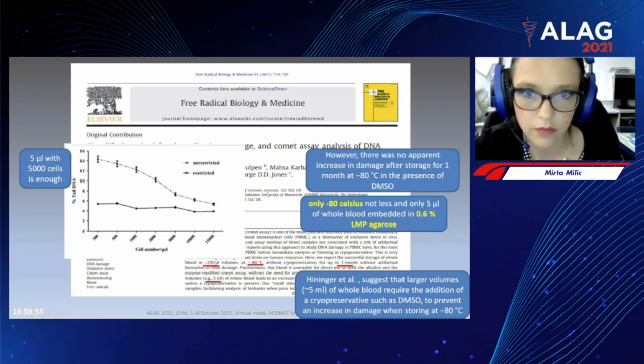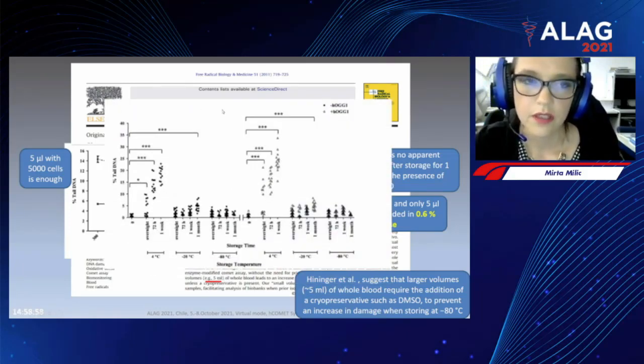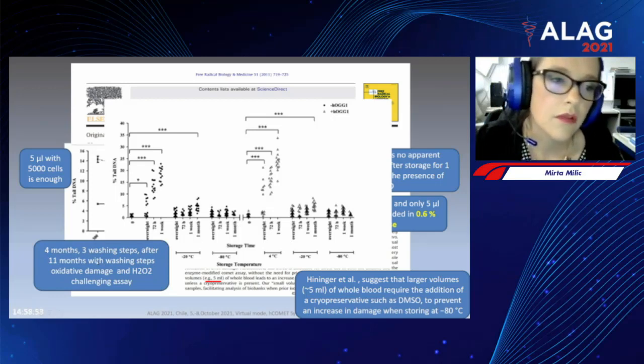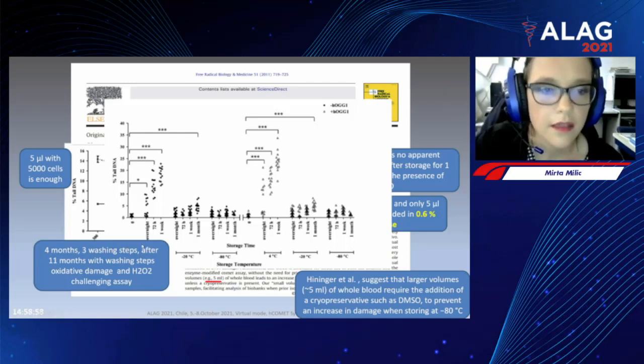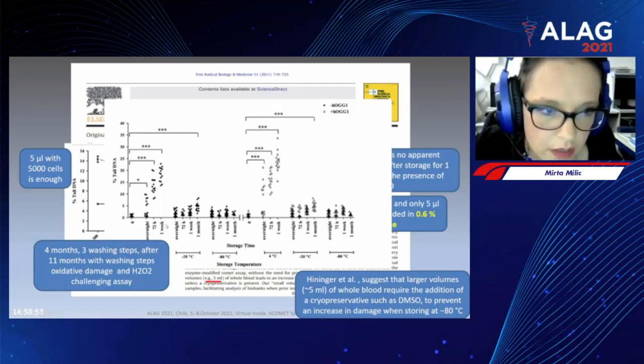Okay, this is just the storage temperature, because they also checked the oxidative damage. In another article, they checked it for 4 months with 3 washing steps, and again got similar results that can be comparable with the fresh ones.